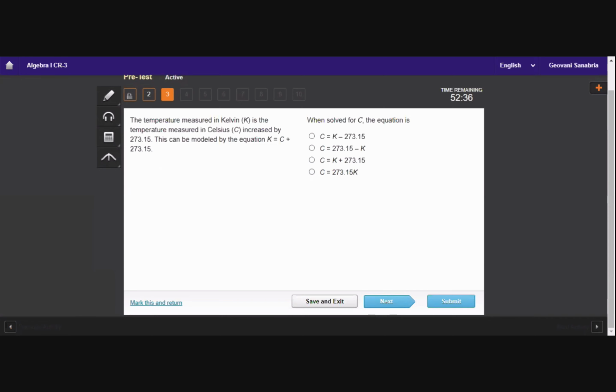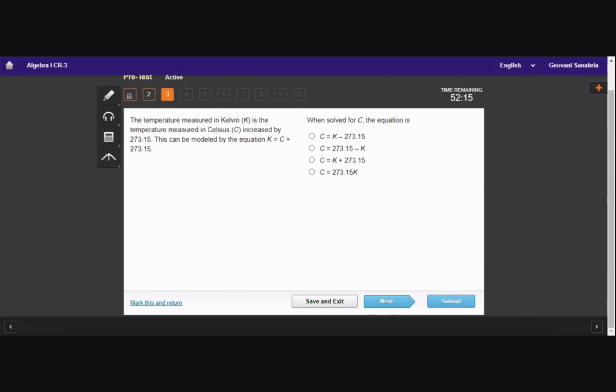Okay, I think if they wrote it out like K equals C plus 273.15, if you write it all out and then just try to get the C by itself, you'd be able to see what it is. Because that's what it's saying.